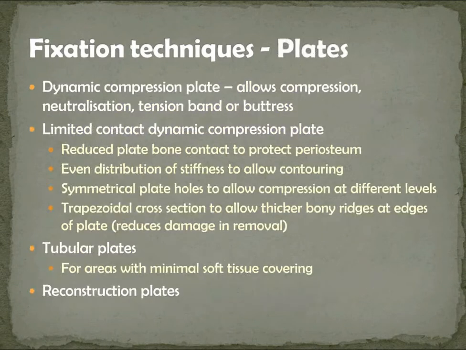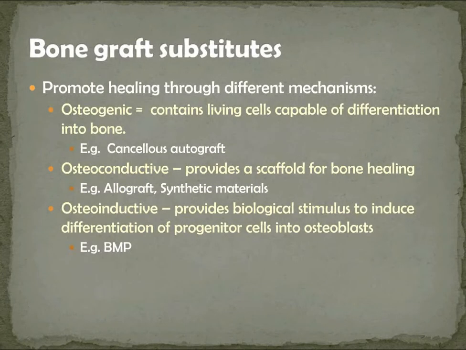With plates, we have our range of compression plates and tubular plates, which everyone is most likely already aware of, so I won't go through the details of that. And finally, with regards to bone graft substitutes, there's a range of different bone grafts that can be employed in trauma surgery, and overall the main mechanisms in which they promote healing is through osteogenic, osteoconductive and osteoinductive methods.